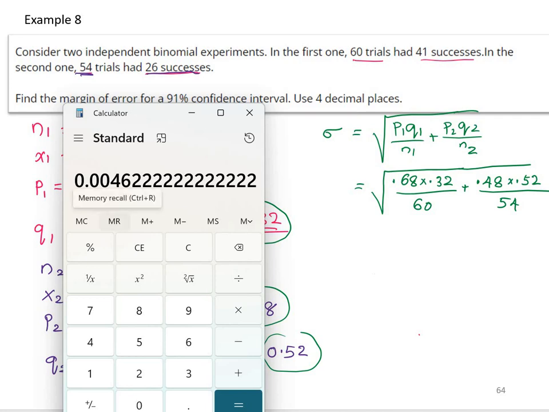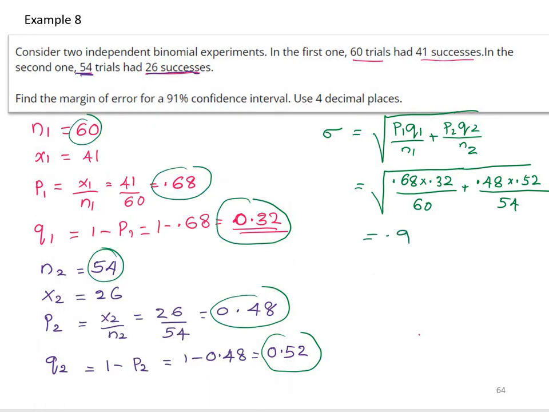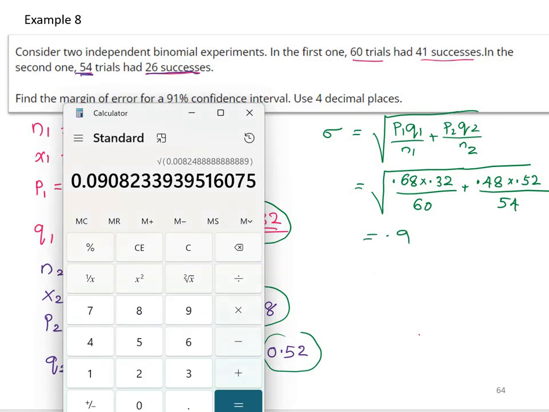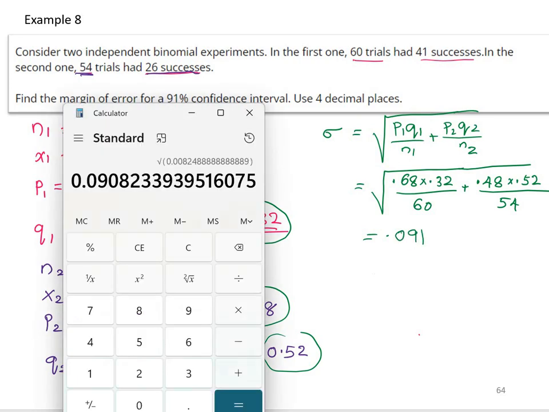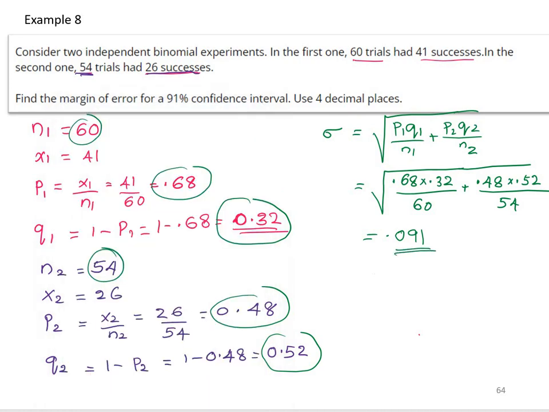Now we take the sum of those and take the square root, and the value is 0.0908, so we can round it as 0.091. Because the fourth place is 8, I round to the third decimal like this. So that is the standard deviation.